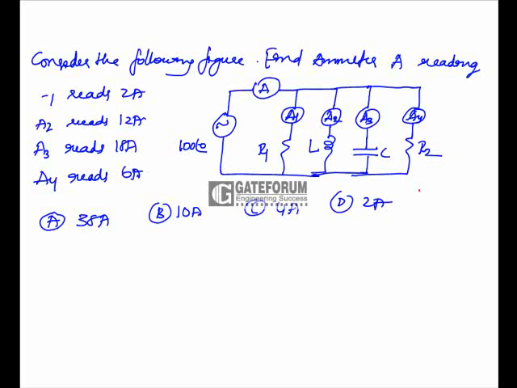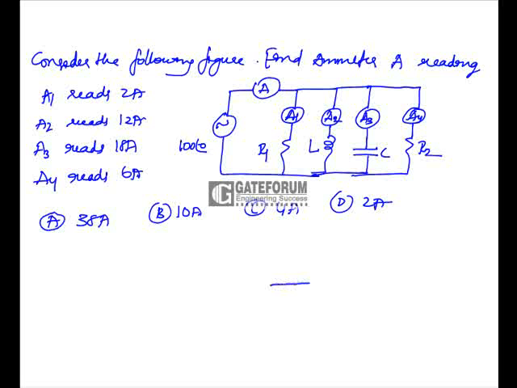The following figure, find the ammeter A reading. We have four ammeters here: A1, A2, A3 and A4. We have to find the ammeter A reading. Ammeter A1 is connected in the R branch, since these four branches are parallel across the 100 volt source.